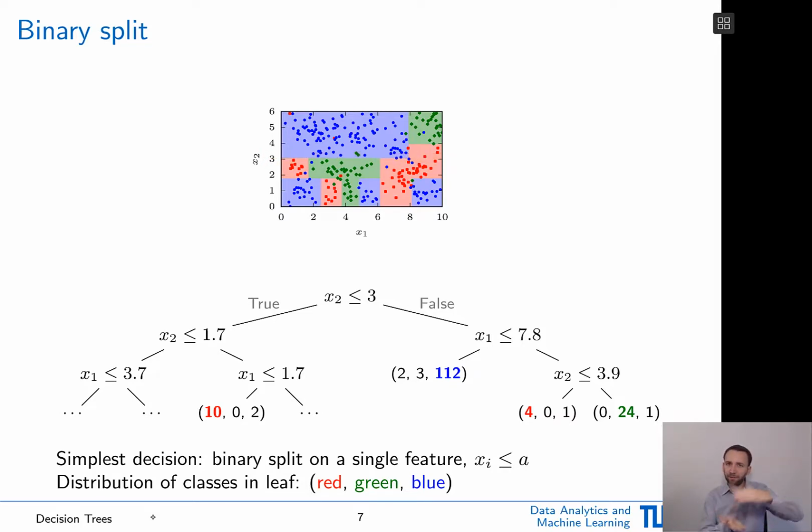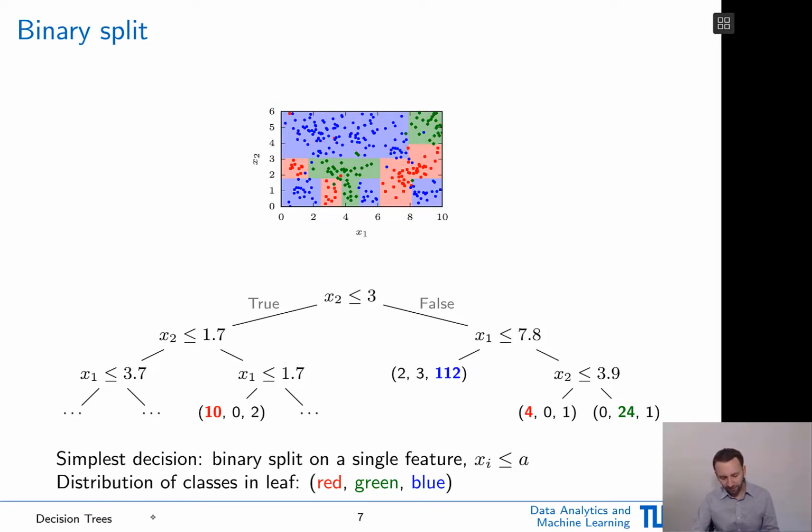We have essentially our full training data, and by asking a question, we can split it in different partitions, in different subsets. And by asking x smaller or equal to 3, we get on one hand this region. So here x2 is smaller than 3, so it's a true. And for these instances here, x2 is larger than 3, so we're in this branch, okay? And then similar to this categorical discrete case, we can continue.